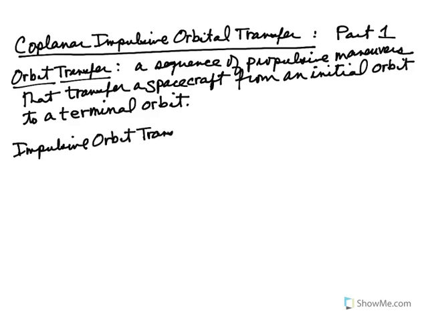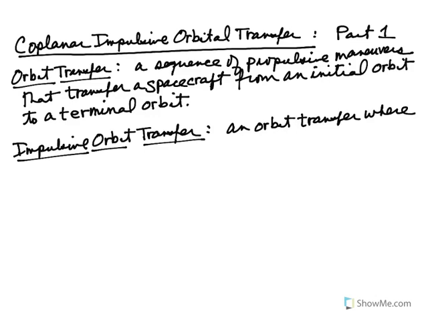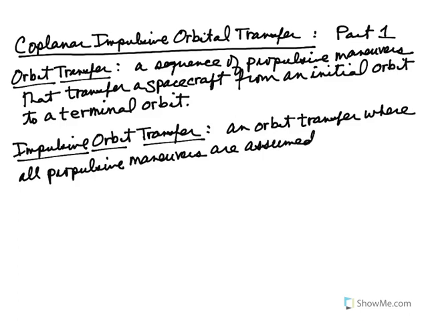So an impulsive orbit transfer is an orbit transfer where all propulsive maneuvers are assumed to be instantaneous impulses.